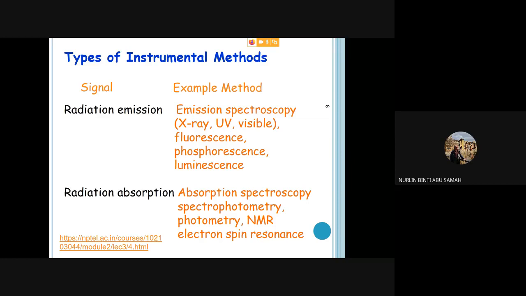The next one is absorption. In absorption, we are talking about the same method, but we will focus on this in the next chapter about spectroscopy. We also have electron spin resonance here.